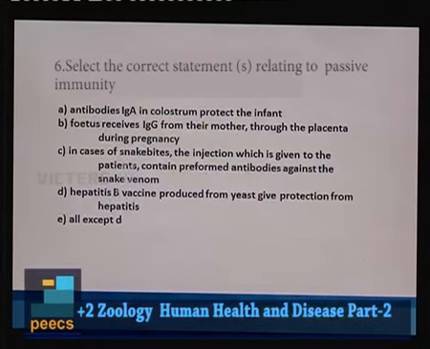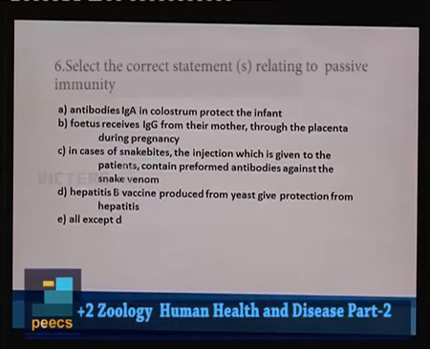This is active immunity because vaccination is represented. In vaccination, we introduce killed or attenuated antigens. The hepatitis B vaccine is a recombinant DNA vaccine, a collection of surface antigens prepared from the hepatitis B virus. So option D is active immunity, and our answer will be option E, all except D.